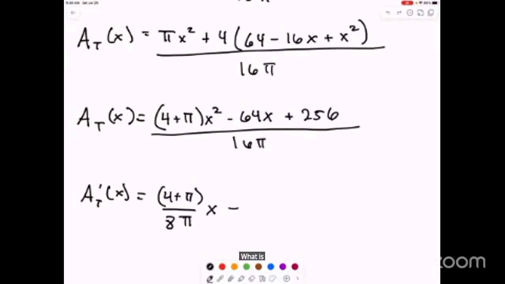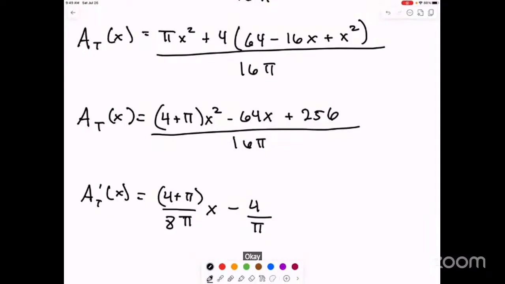What is that, a 5? No, 4, 40 plus 24. So minus 4, the x is gone, 4 over pi. And the constant, that last term, is gone.